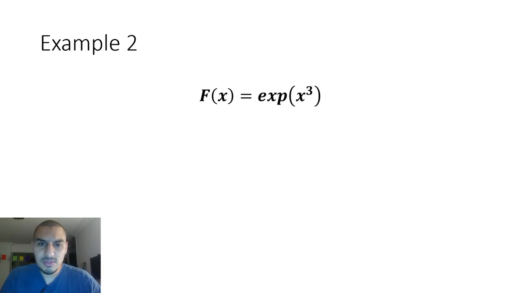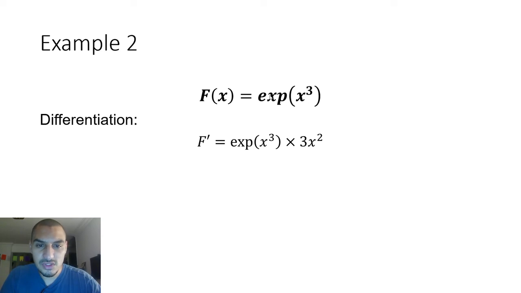The second example is a function that has an argument that is another function. So it's like the exponential has an argument of x power 3. So it's a function in a function. So to do the differentiation, you would know that the differentiation of this is going to be the exponential. It's the same thing, so it doesn't matter. Whatever you have inside is going to be exponential of x power 3, but you have to do the differentiation of what's inside the function, so it's going to be 3x squared.